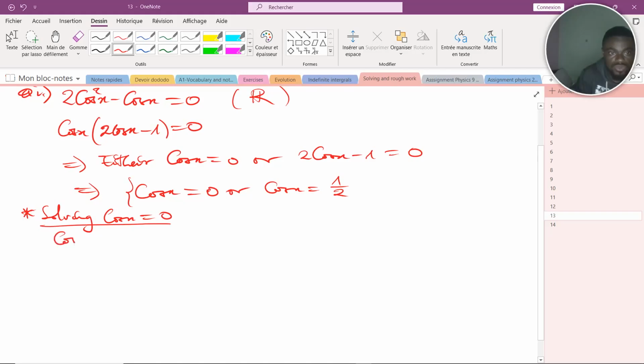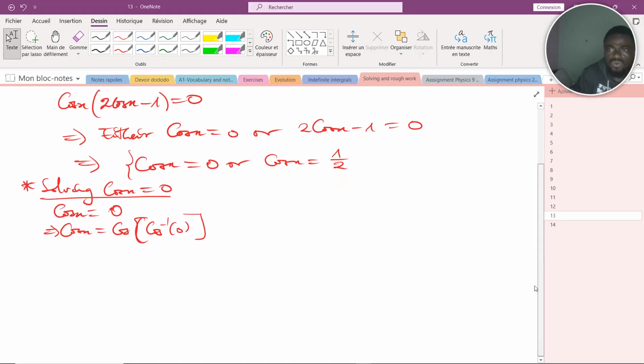Okay, we are finding the general solution because we are solving on R. We have cos x being equals to 0. This implies cos x will be equals to what? Cos inverse of 0. Is that okay? What is the cos inverse of 0?